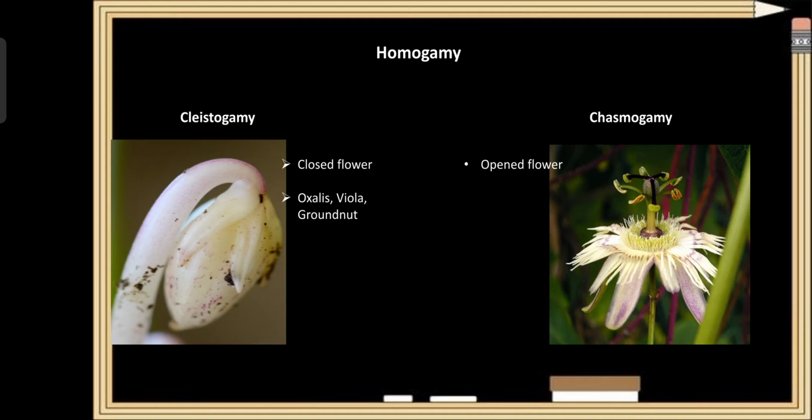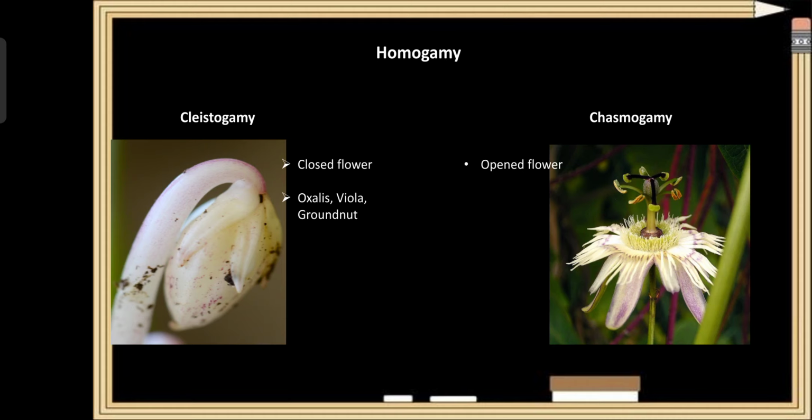So it is a condition in which the flowers are bisexual and the pollination takes place in the closed flower. Then what is chasmogamy? Chasmogamy is a condition in which the flower is open and the sex organs are exposed. So in chasmogamy, pure autogamy is not possible.